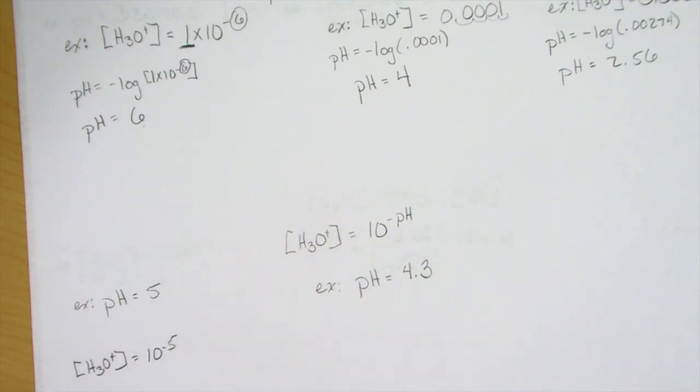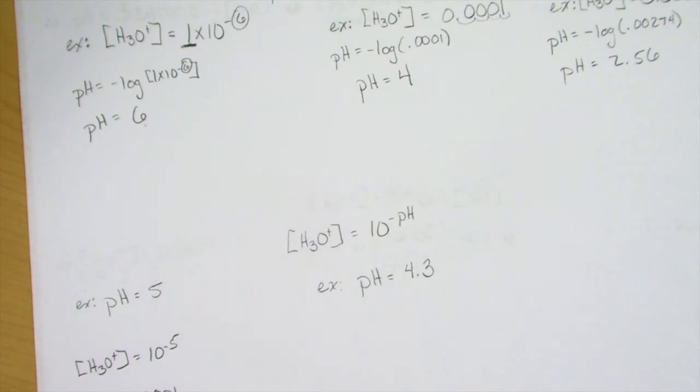In your calculator, you're going to write 10 caret negative 5, and you come out with an answer of 0.00001, or in scientific notation, 1 times 10 to the negative 5th. That would be your concentration.